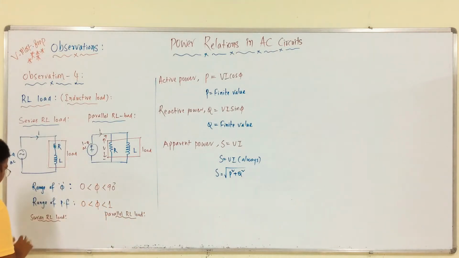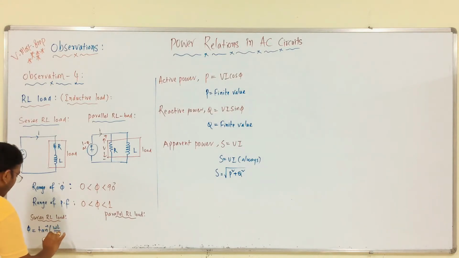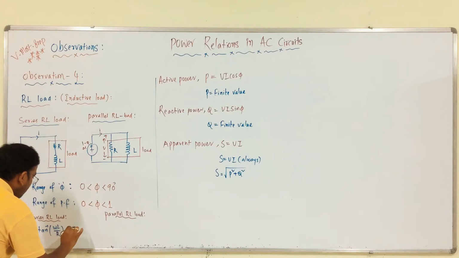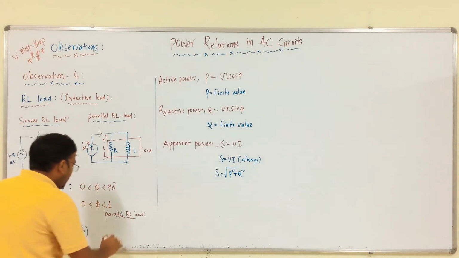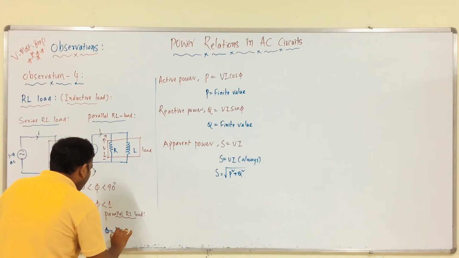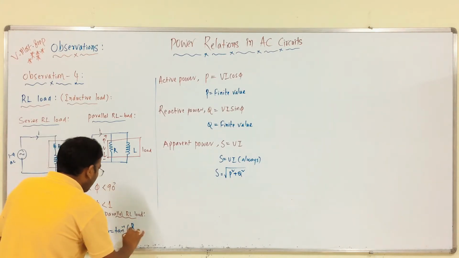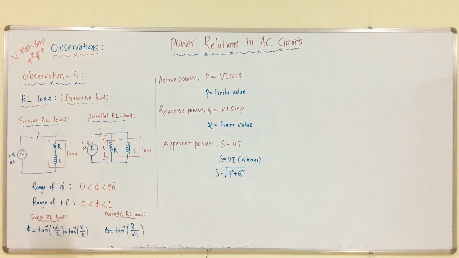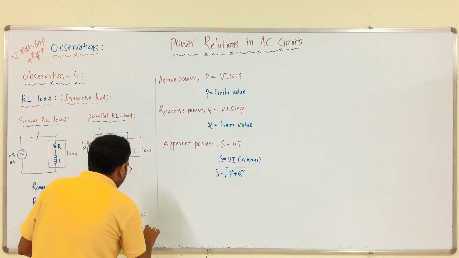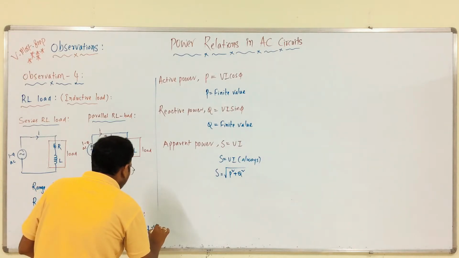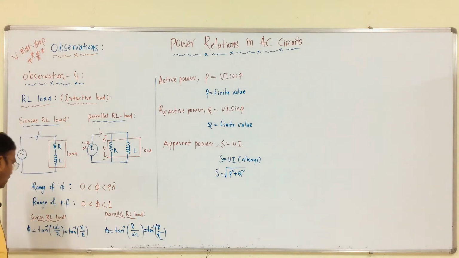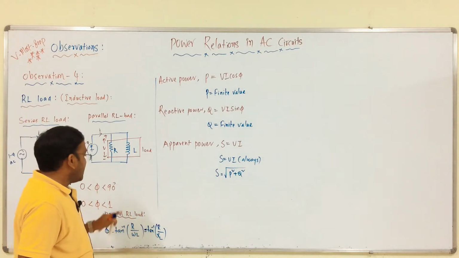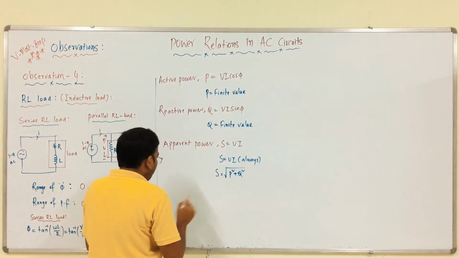For the series RL load, we know that phi is tan inverse omega L by R, which is tan inverse XL by R. In case of parallel RL load, phi is tan inverse, simply we have to reverse it, R by omega L, or tan inverse R by XL. This is the phase angle for the series RL load, and this is the phase angle for the parallel RL load. But we know the power triangle.